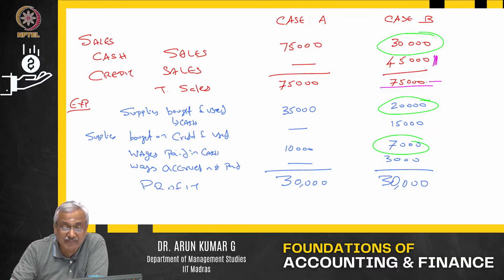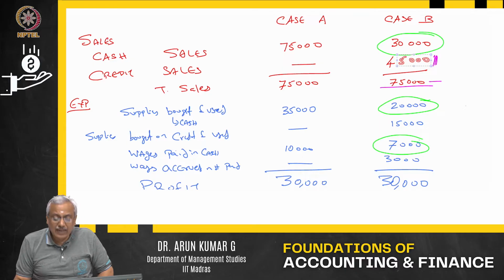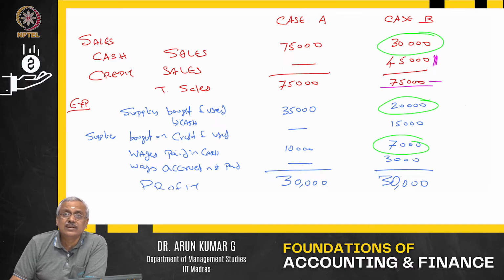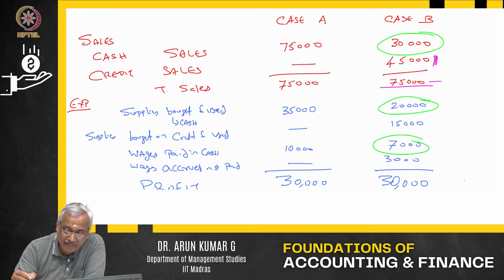That 30,000 profit I have got after including this 45,000 as a credit sale. Am I with you or not? Yes, this 30,000 profit in case B includes the credit sale of 45,000.